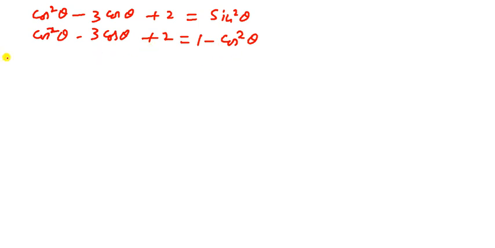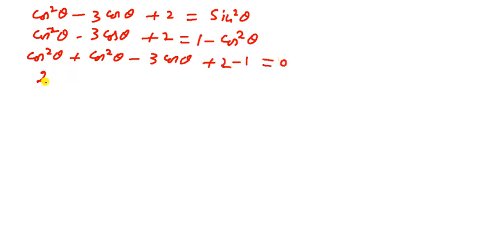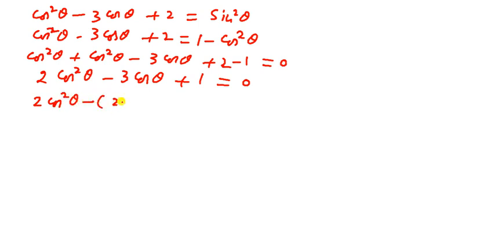Change this sin square theta as 1 minus cos square theta. Now transfer all these terms to the left hand side. That is cos square theta plus cos square theta minus 3 cos theta plus 2 minus 1 equal to 0. It is 2 cos square theta minus 3 cos theta plus 1 equal to 0.